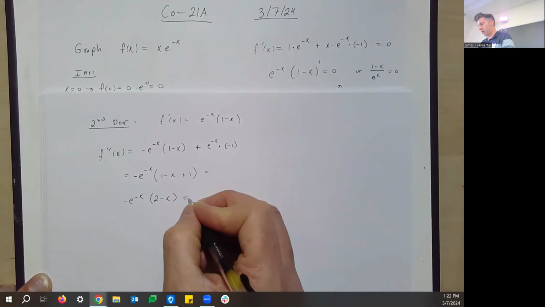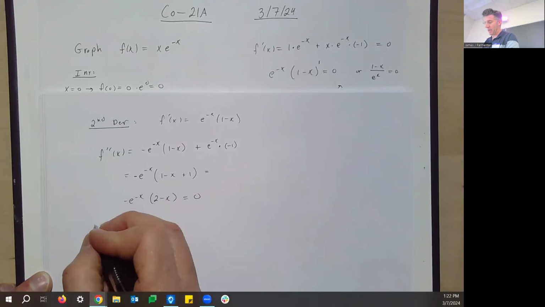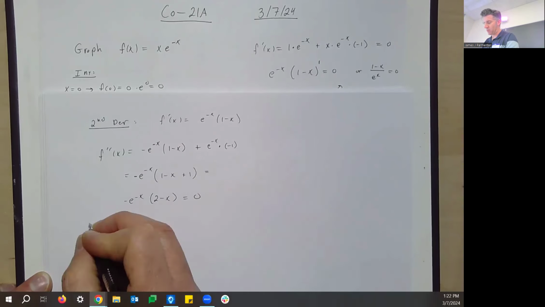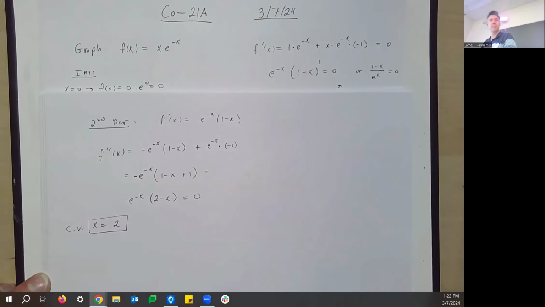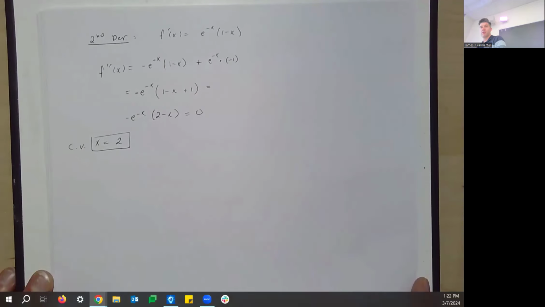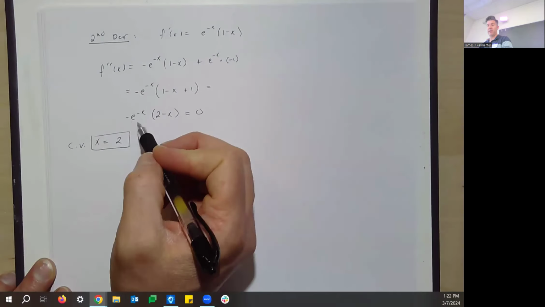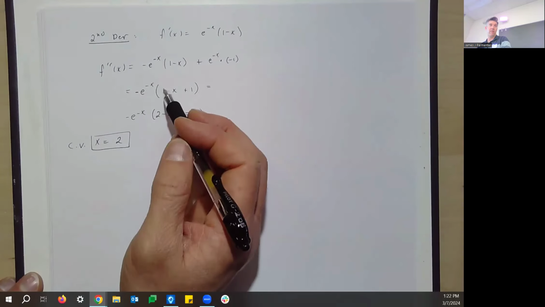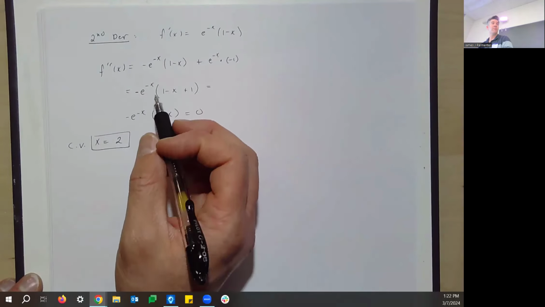And if I set that equal to 0, the only critical value I'm going to get is x equal to positive 2. Again, this e to the negative x doesn't give me any other critical value because that'll never equal 0.